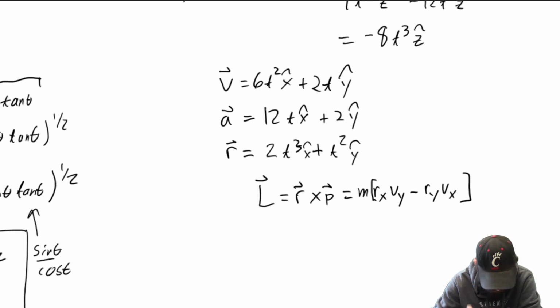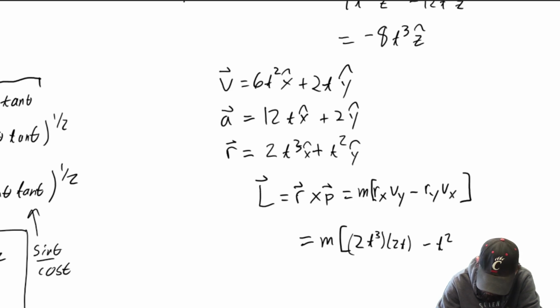Now let's just read off the terms this time instead of foiling it. It'll be the same thing. So this is going to be Rx, which is 2t cubed, times Vy, which is 2t, minus Ry, which is t squared, times Vx, which is 6t squared.